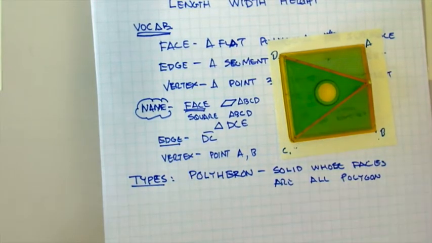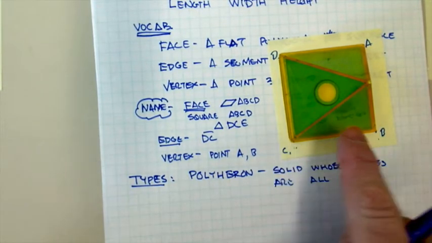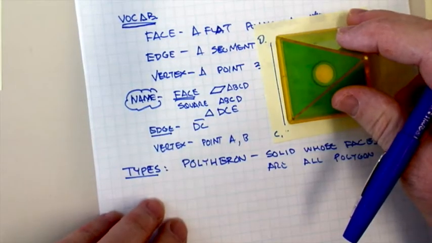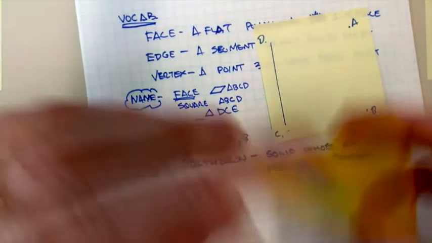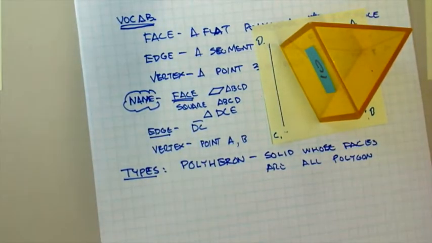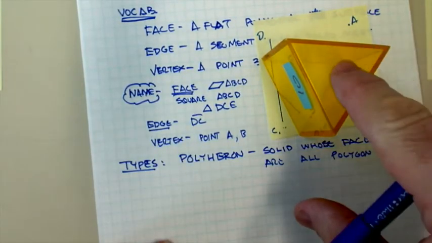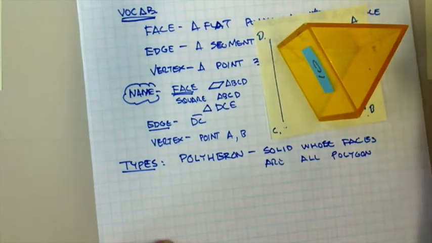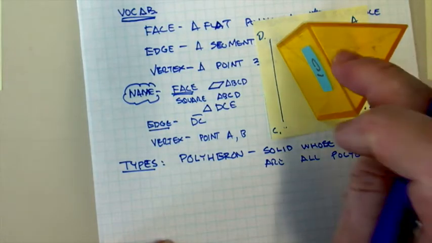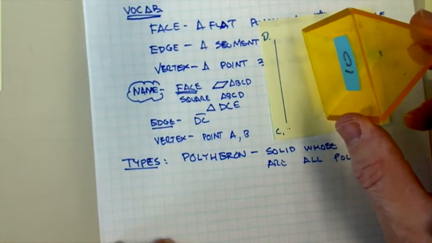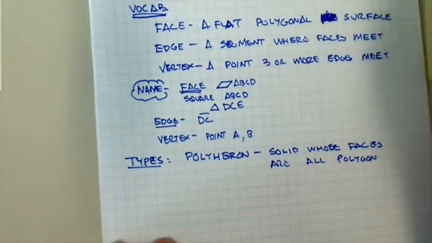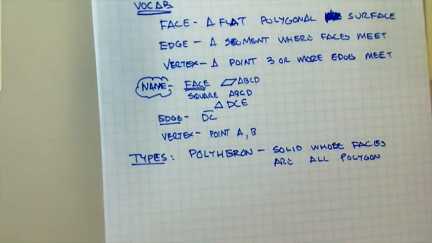This is a polyhedron because you have triangles on these four faces and a square on the bottom. This is also a polyhedron because it has a triangle here and there on the top and the bottom, and then on each side it has rectangles. All of these shapes are polygons, therefore this is a polyhedron.